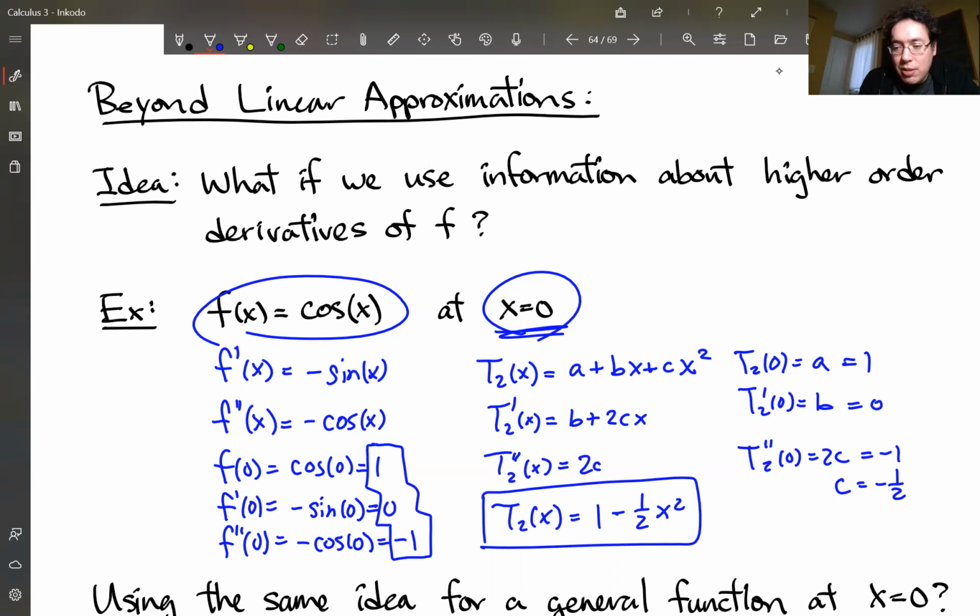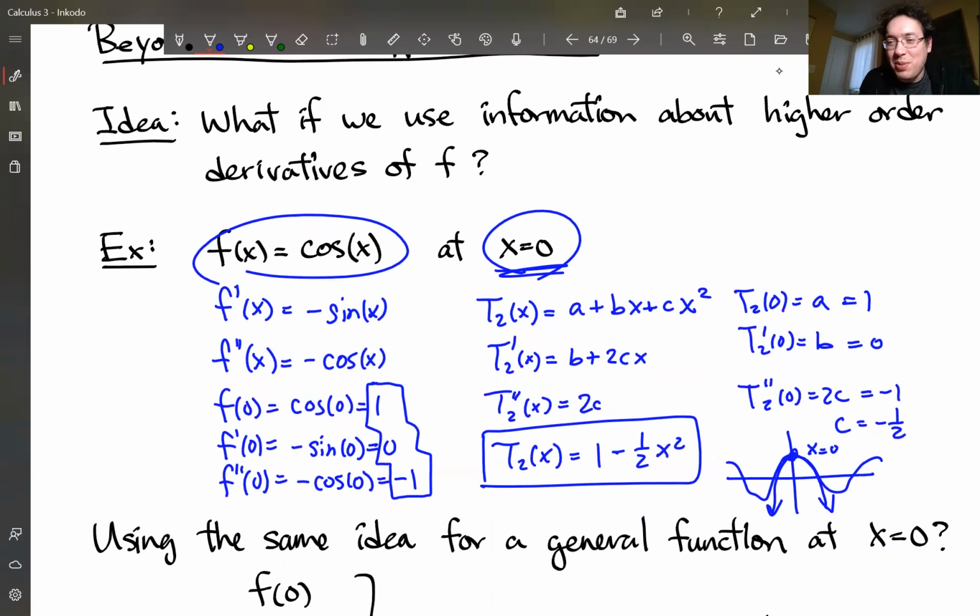Okay, so cosine function looks something like this. Somehow this tangent parabola is the best approximation of the function near x equals 0. Okay, it matches the first two derivatives.